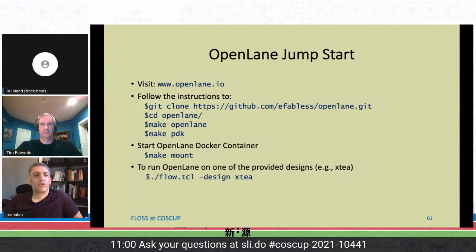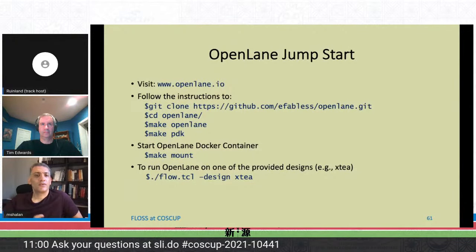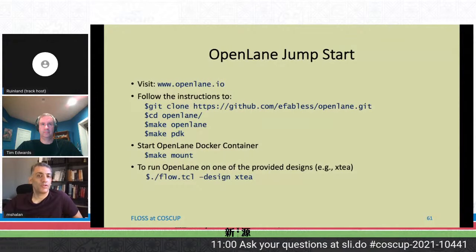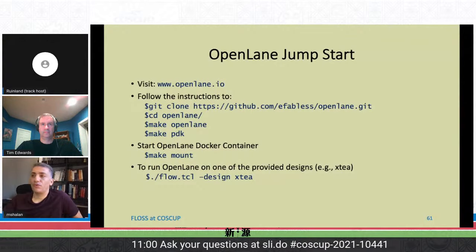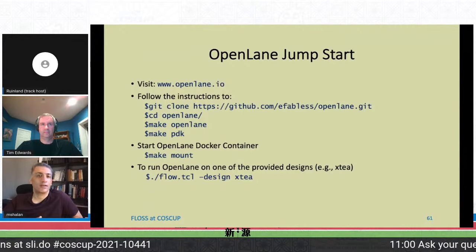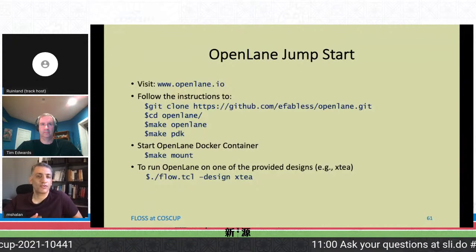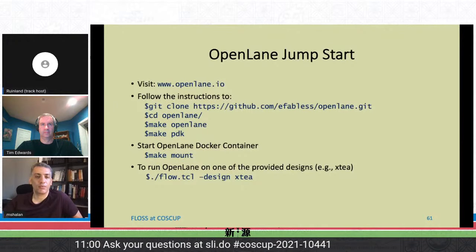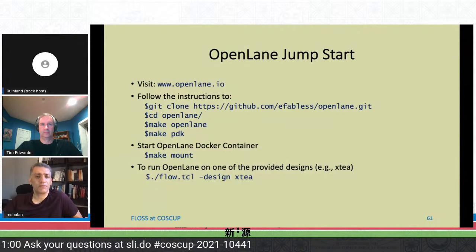To start working with OpenLane, you just need to have Docker installed on your machine. If you want to run natively, you may consult the documentation for containerless operation. All you need to do is clone the repo and then call certain make targets to build OpenLane and then to build the PDK.